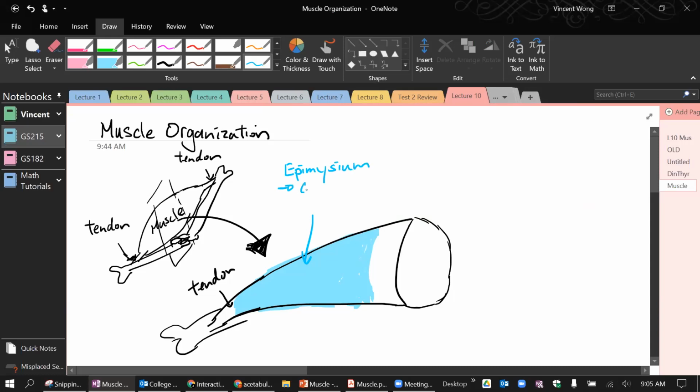Connective tissue covering the entire muscle.